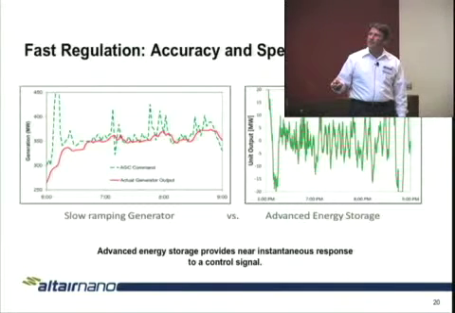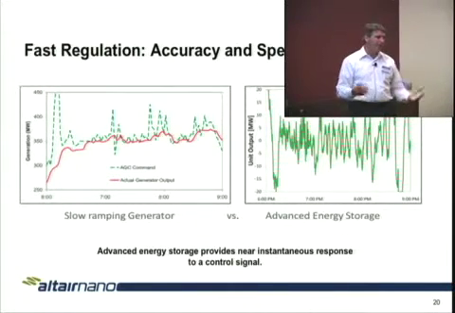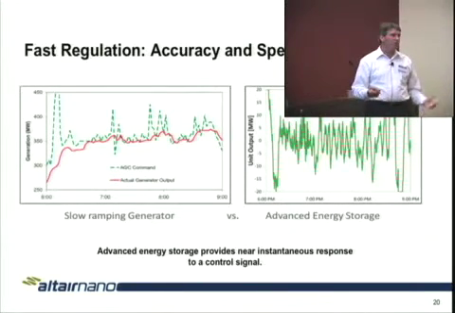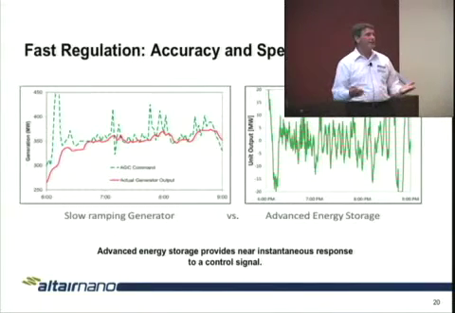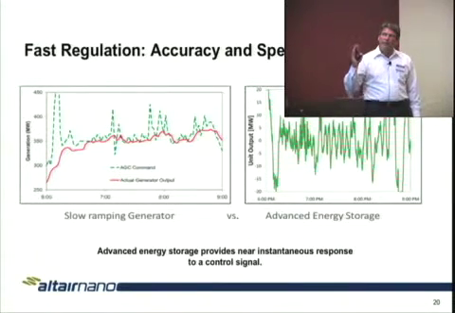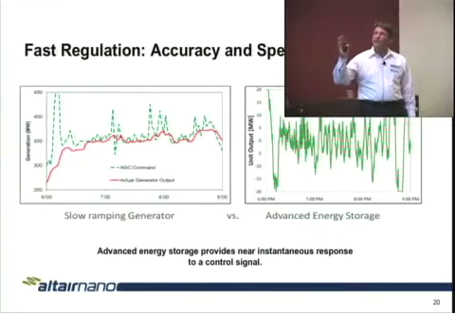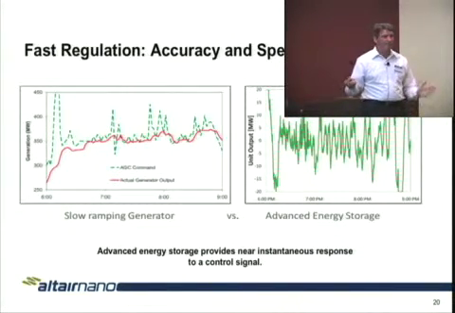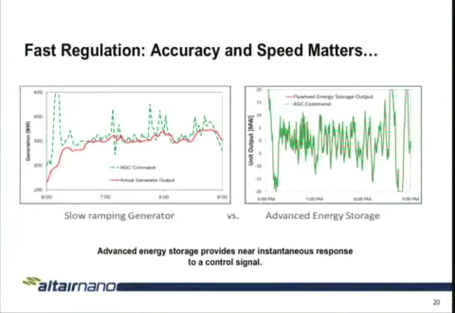As compared to advanced energy storage, which is using the latest in inverter technology, using either flywheels or lithium ion or lead acid batteries for doing this type of work. It all depends on the state of charge at that point, the depth of discharge, and your life cycle assessment. In particular, what we're seeing is flywheels and lithium ion batteries being put out for this work right now, as what seems to be fitting the right cost scale and the right physical footprint.